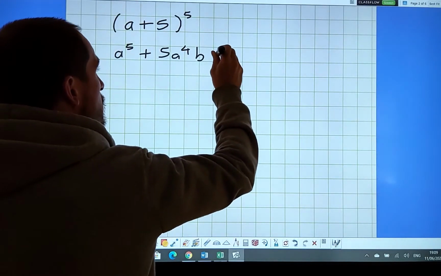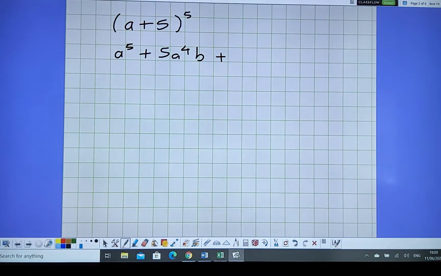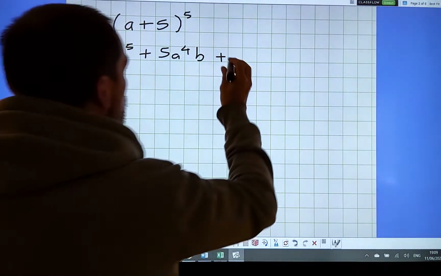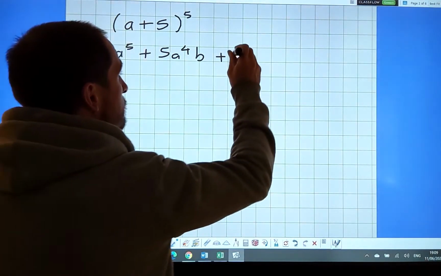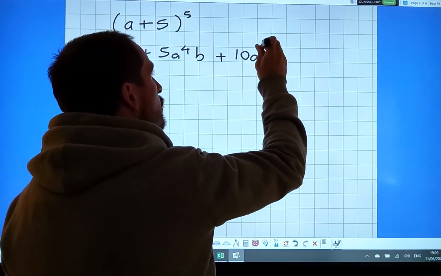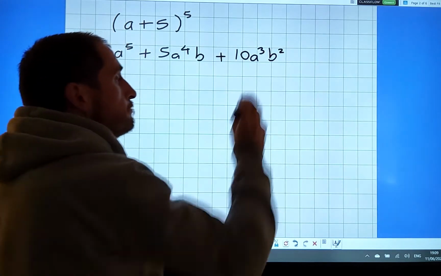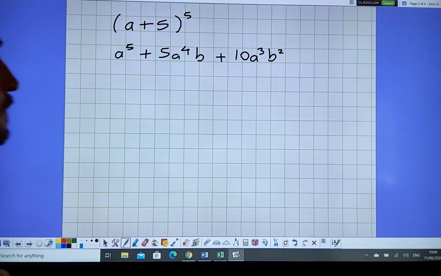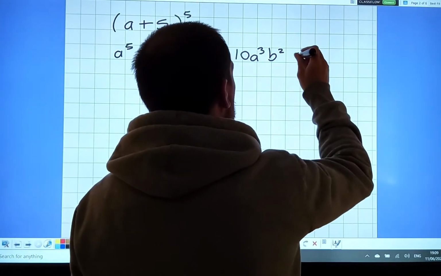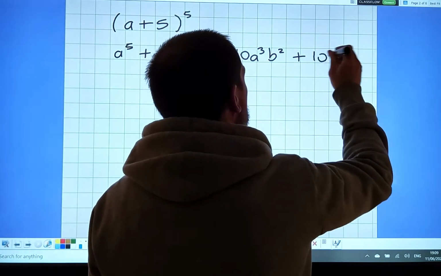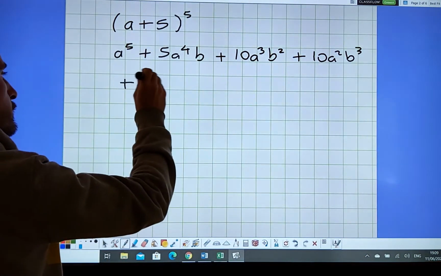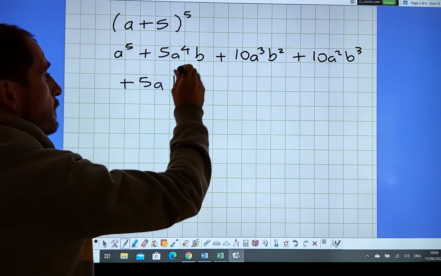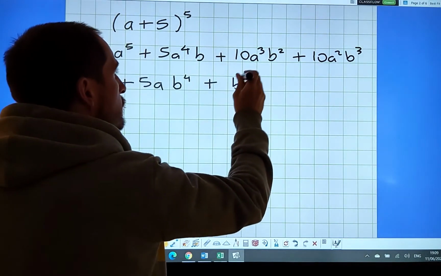Now this is the one we're interested in, because if you've got 5 choose 2, that is 10. So it's 10a cubed b squared. So that's what we're interested in. Okay? And then you continue on, and it's going to be 10a squared b cubed plus 5a, this doesn't matter, b to the power of 4 plus b to the power of 5.